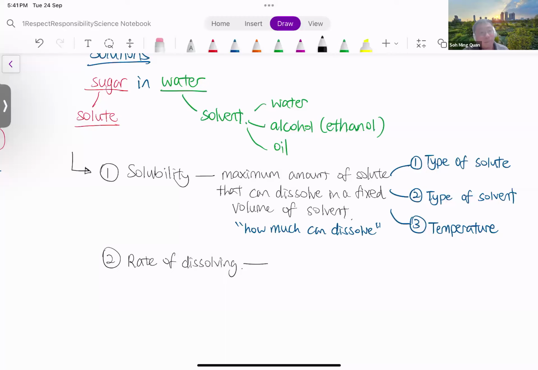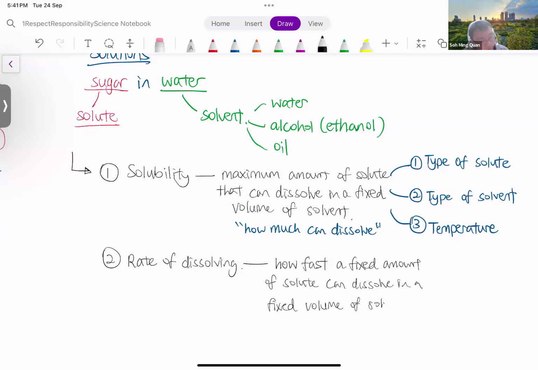Rate of dissolving is about the speed, how quickly, how fast a fixed amount of solute can dissolve in a fixed volume of solvent. So the idea here now is about speed, time. I'm looking at how long it takes to dissolve something, okay?